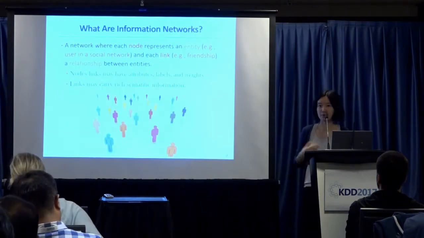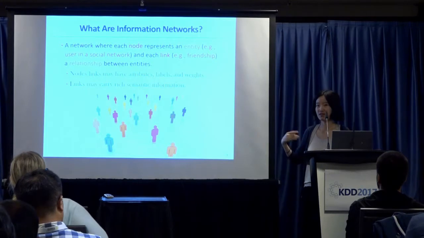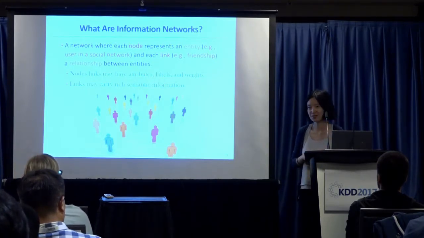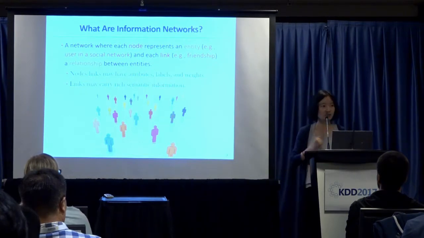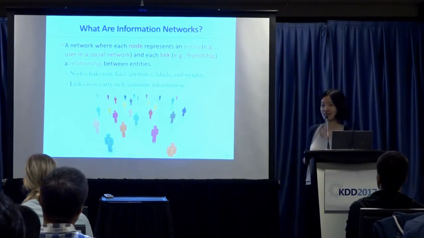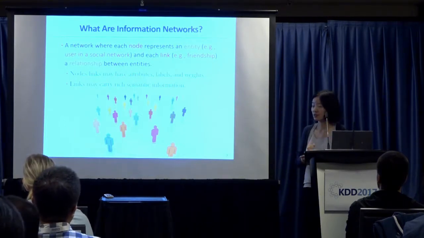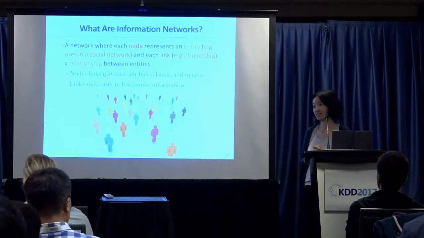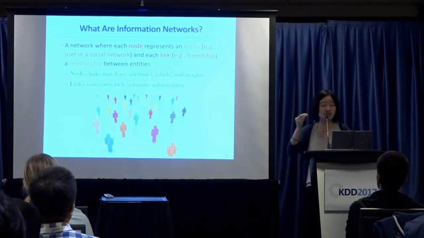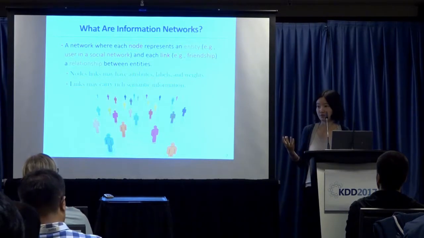So now I have talked about information networks. So here is another 101 introduction to what information networks are. Essentially, when we say information networks, we have nodes and we also have links. So what are nodes? Nodes represent real world entities. Okay, and what are links? The links represent the relationship or interaction between them, right?